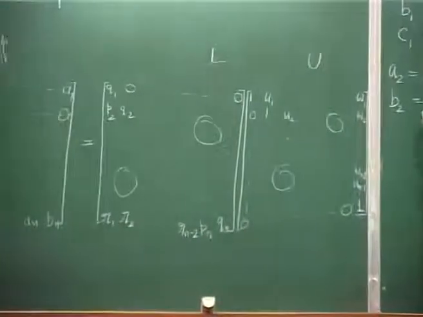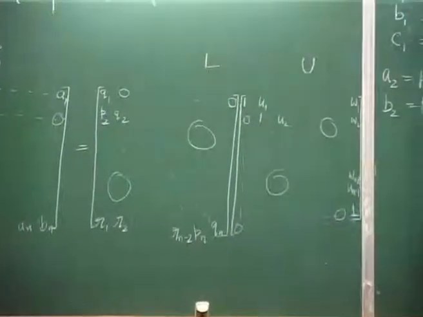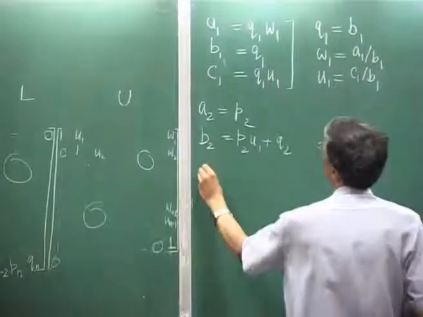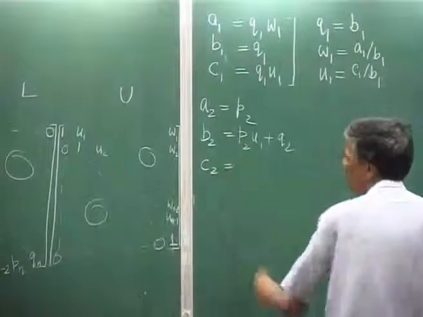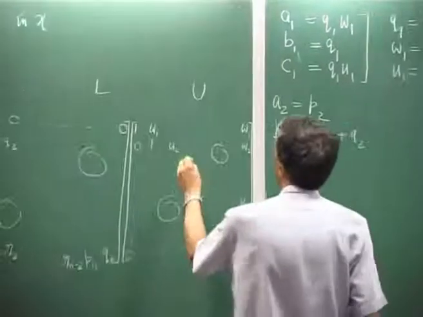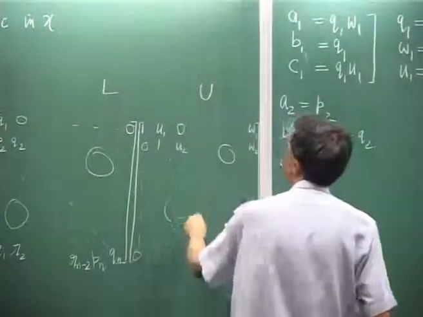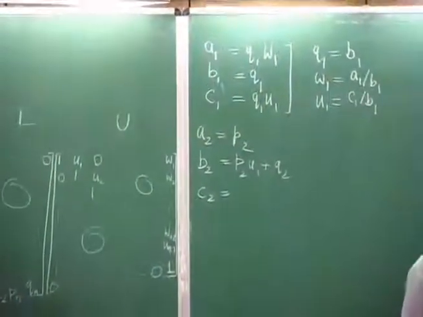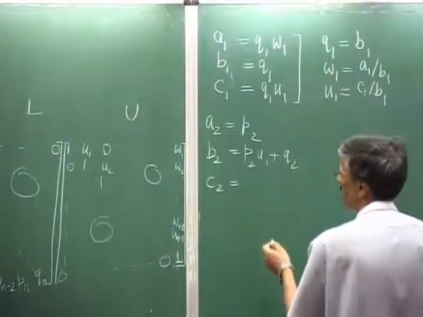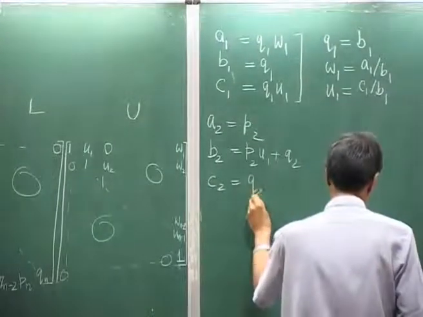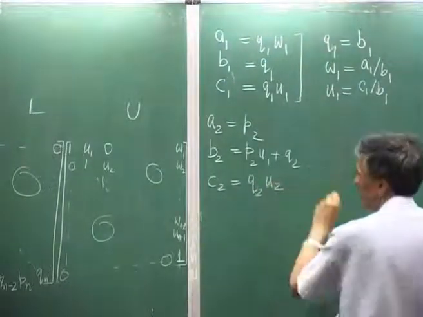So, that would give me P 2 U 1 plus Q 2, and you look at C 2, that would be a multiplication of the second row of L with the third column of U matrix, and that should give you nothing but equal to Q 2 U 2, right.